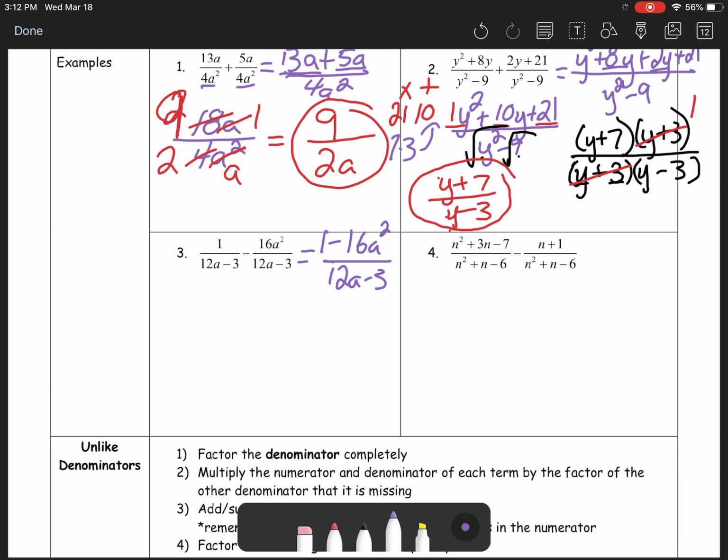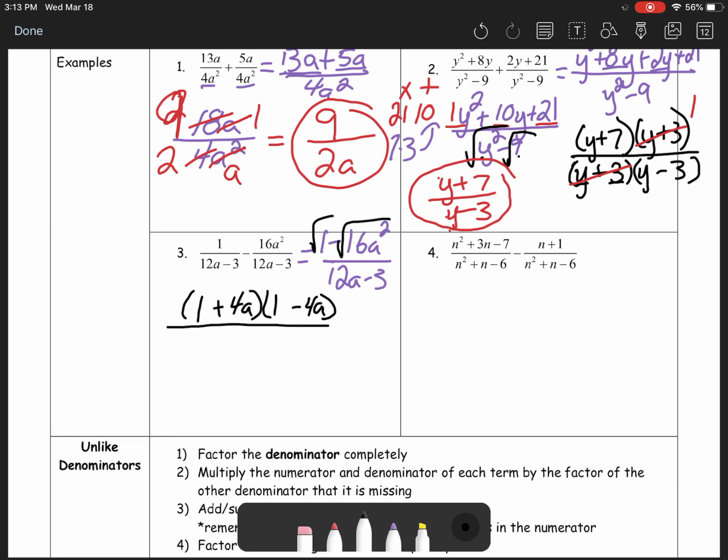Now we look at the numerator and we say, can we factor the numerator? Well, I look at this. 1 is a perfect square. 16a squared is a perfect square. So I know that this can be factored to be something plus something and something minus something. What are those somethings? Well, the square root of 1 is 1. The square root of 16a squared is 4a. And then this is going to be 1 minus 4a.